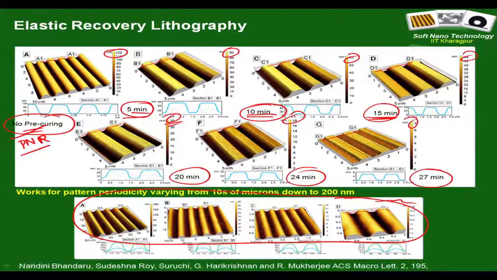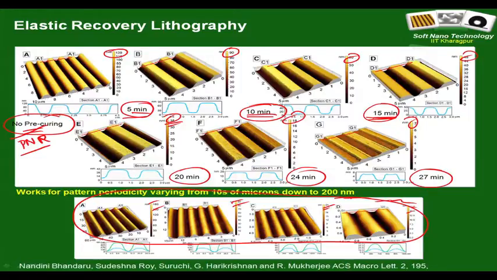So, you can utilize that and use this technique with a bit of variation in protocol for creating differential height structures even in a glassy polymer, but it works beautifully well for an elastomer.